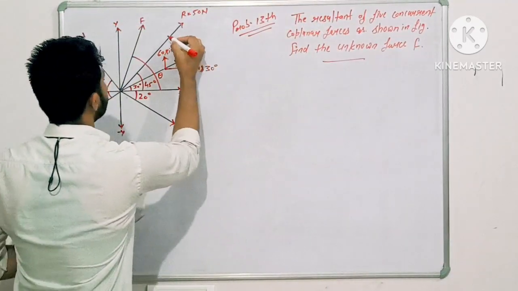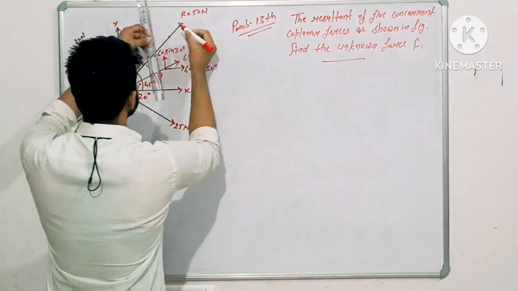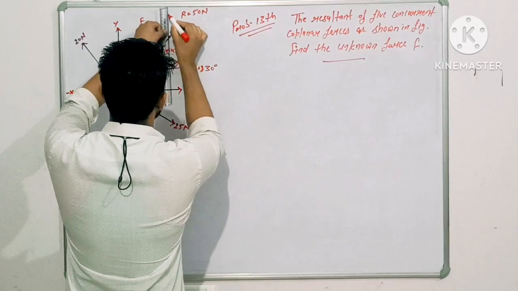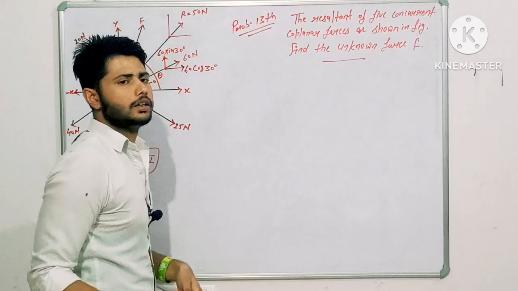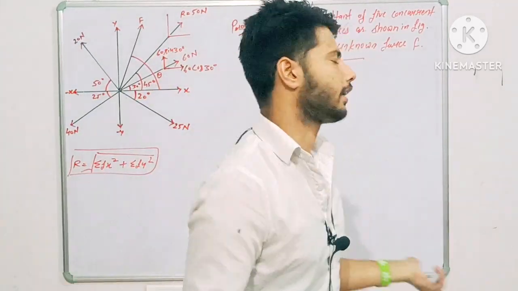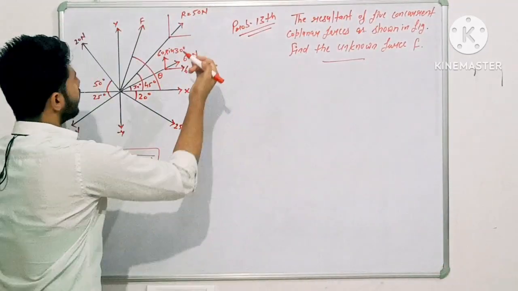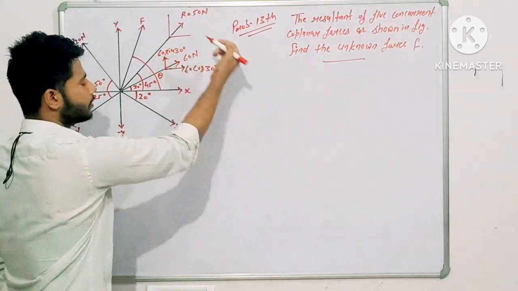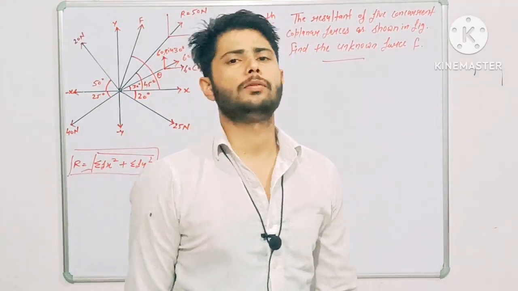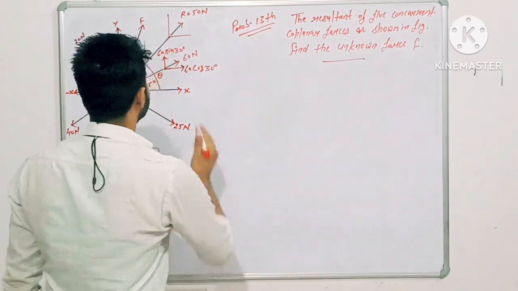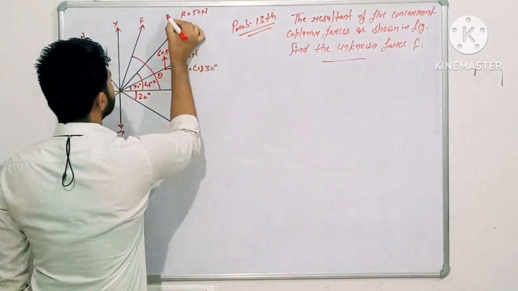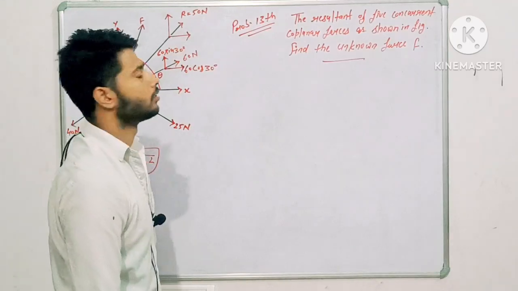Now we have to resolve the resultant. Take a point before an arrow, make a parallel axis with respect to y and a parallel axis with respect to x. This 50 Newton resultant is going away from the point, so the direction of both the forces will be away from the point. The direction must be the same in both cases.